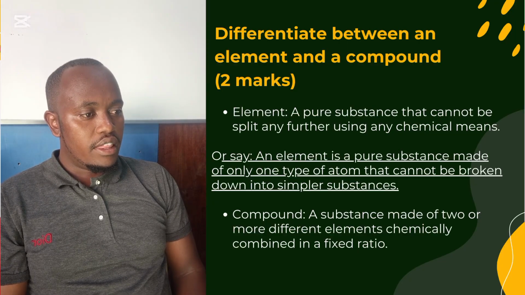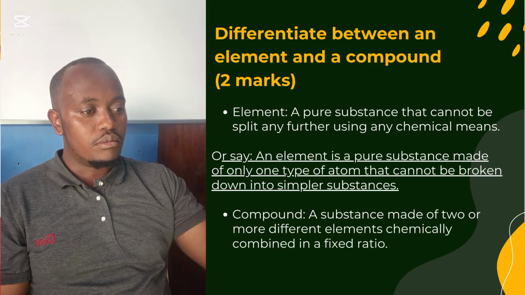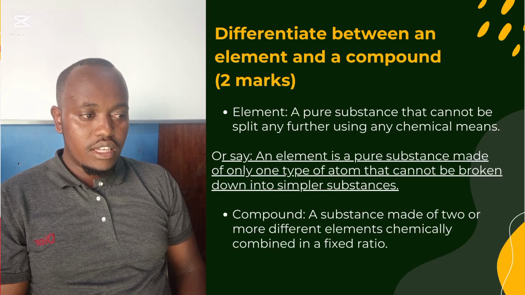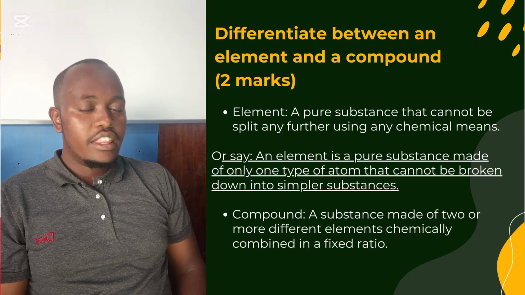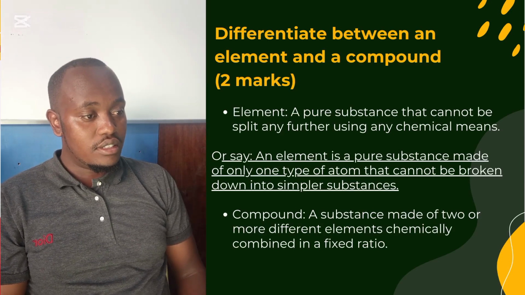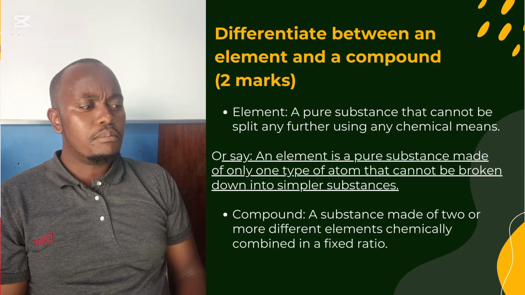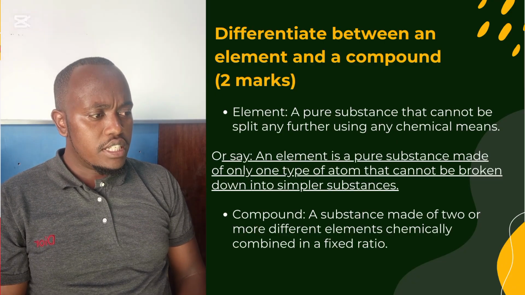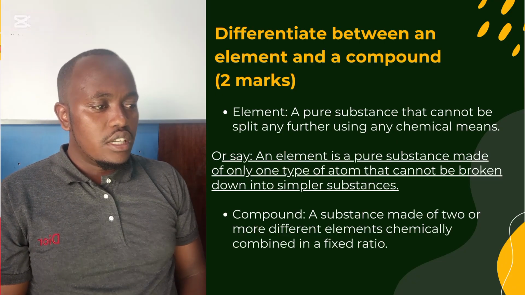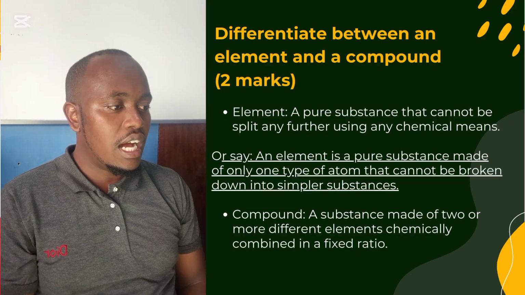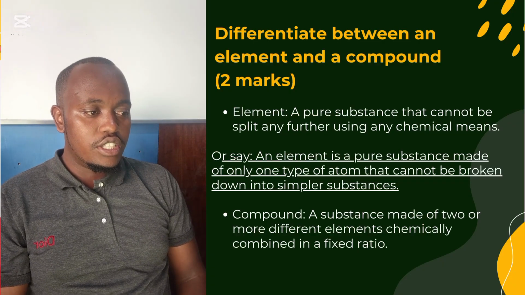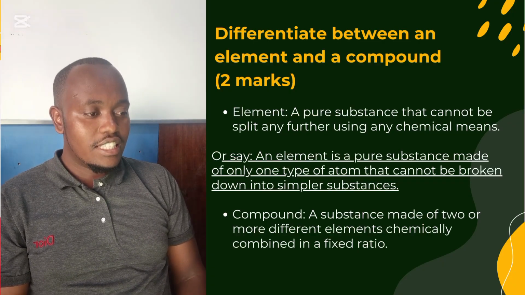However, the element can have atoms, but all atoms are of the same type. Therefore, another definition: an element is a pure substance made of only one type of atom that cannot be broken down into simpler substances.